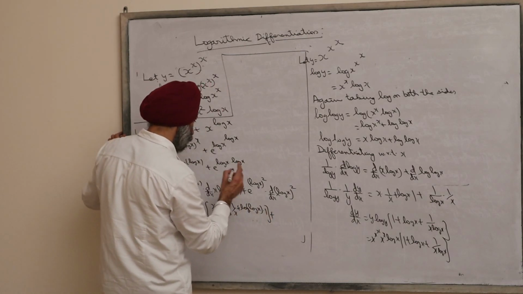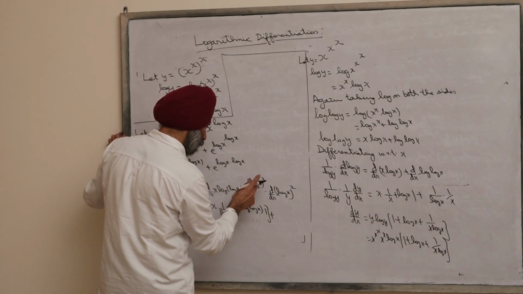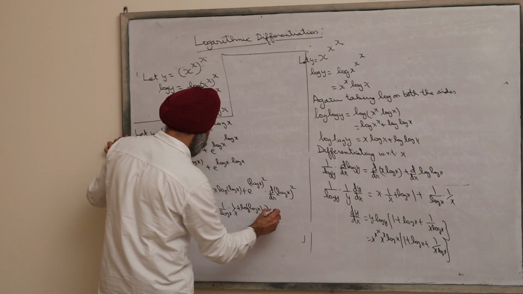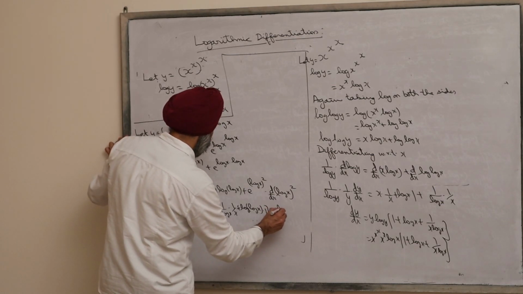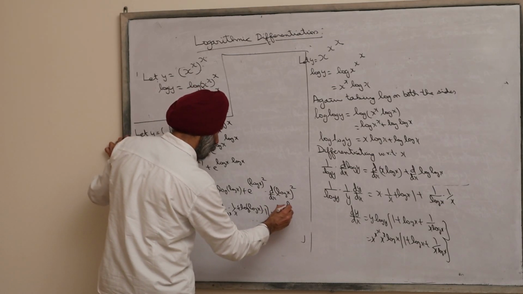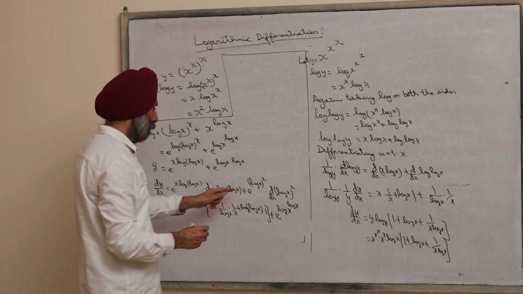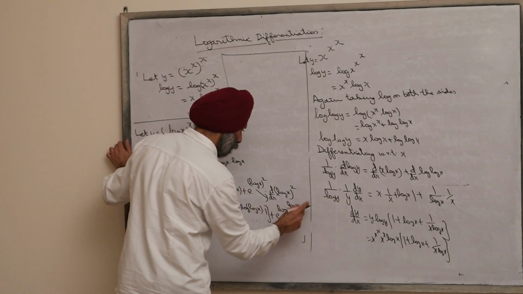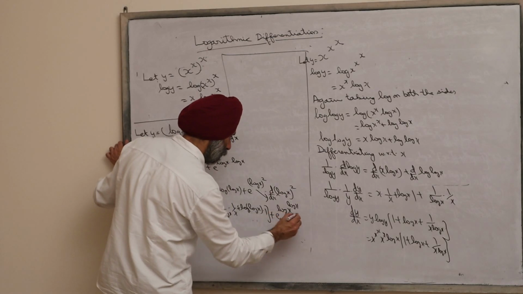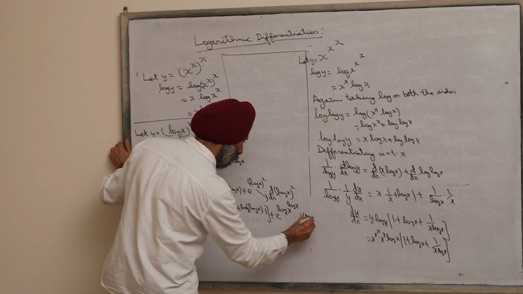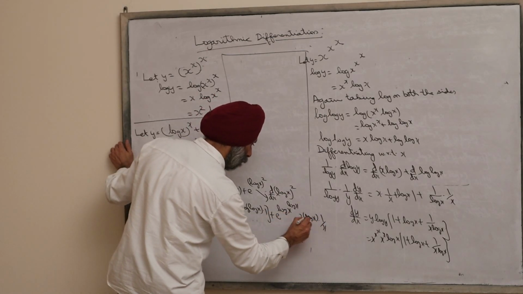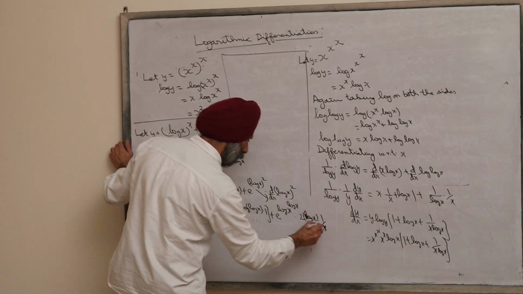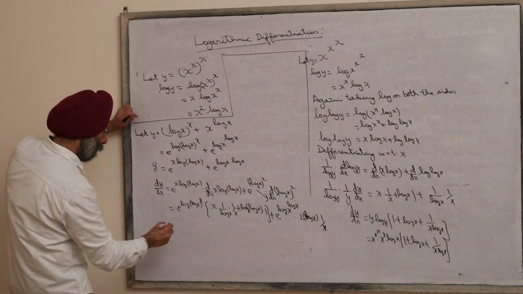Okay, I will again change this and write this as e raised to the power, what is that? It is log x raised to the power log x into the derivative of this, 2 times log x into 1 over x into 1 over x. So what next?